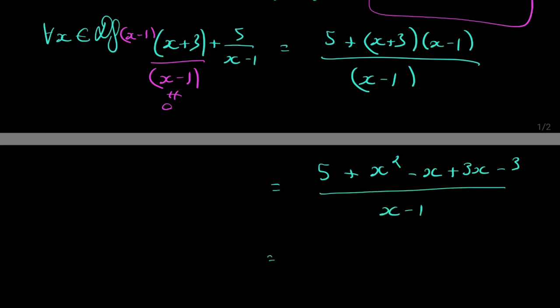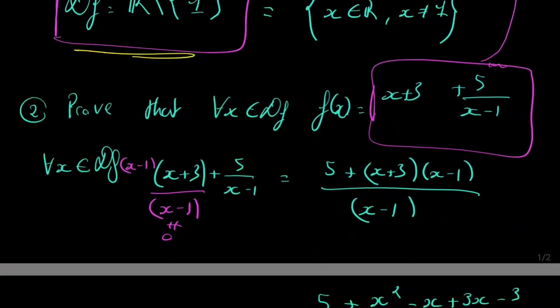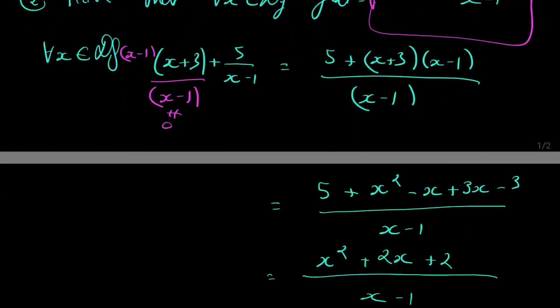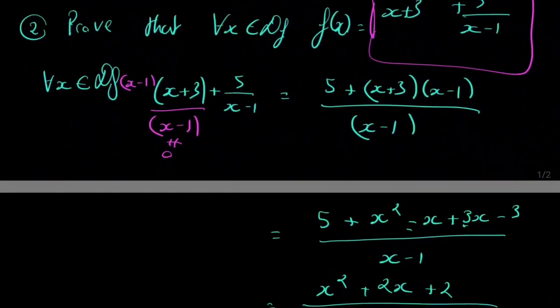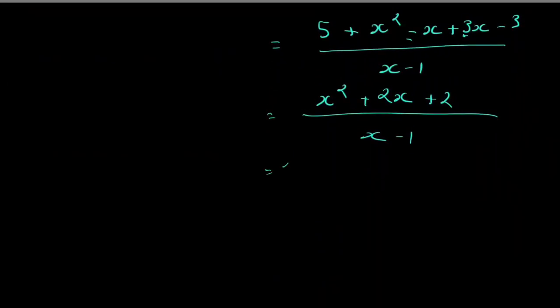And this is equal to x squared plus 2x plus 2, everything over x minus 1, since 3x minus x gives plus 2x. And this is the exact expression of f of x.